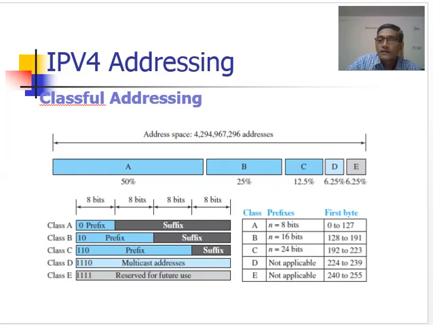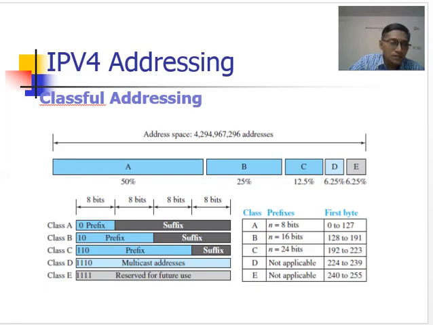So the range of networks in decimal is from 0 to 127. You need to convert this binary value to decimal. All 7 bits are 0 after the prefix, and when all 7 bits are ones, it is equal to 127. So totally 0 to 127 networks are possible.